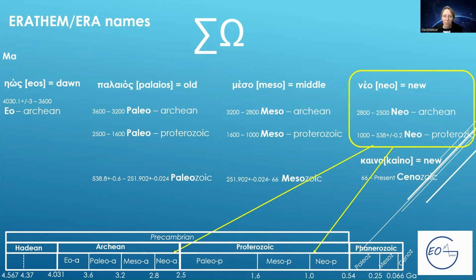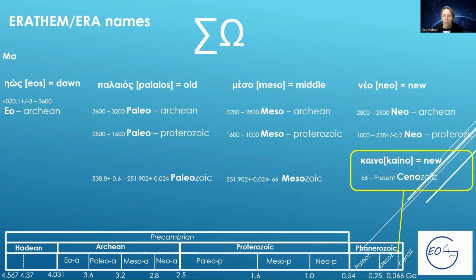So we have Neoarchean and Neoproterozoic. And Cenozoic also comes from a word meaning new, a little bit different one, but with the same meaning. So that's why we have the Cenozoic erathem or era.